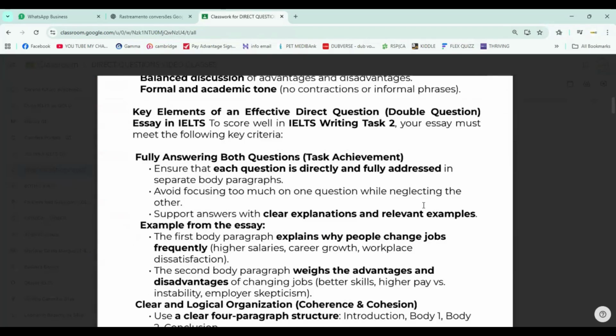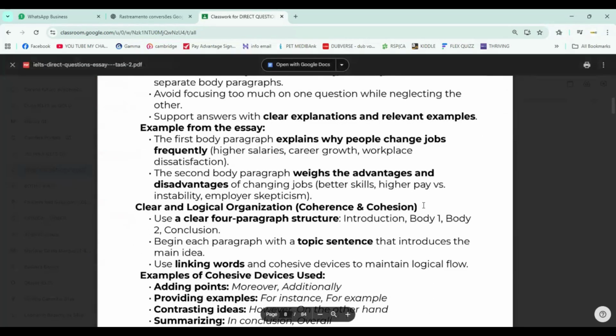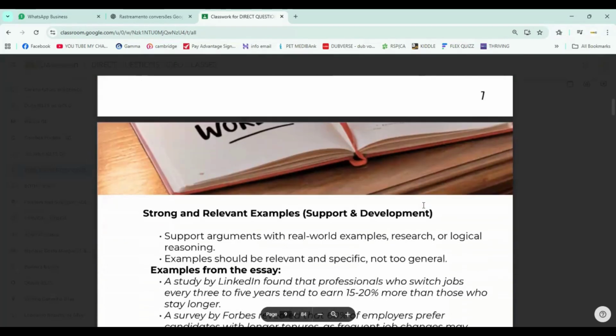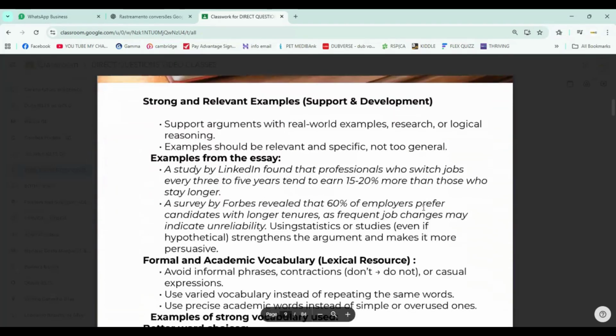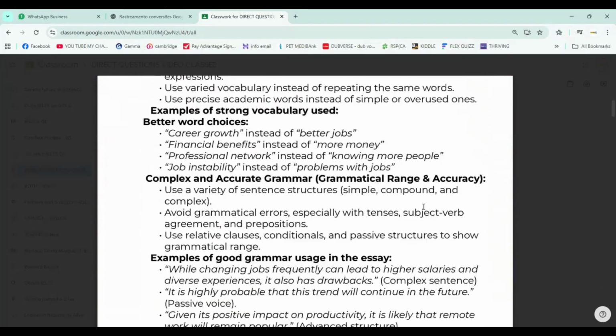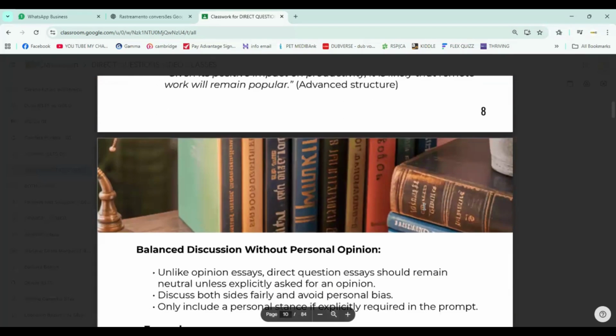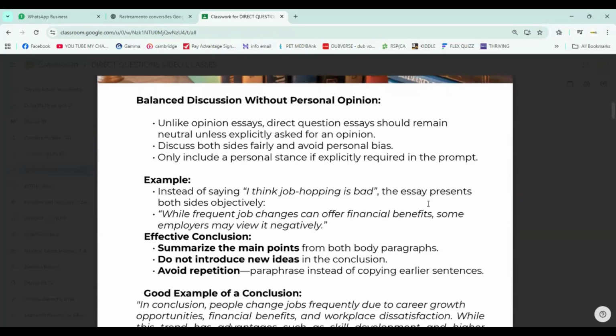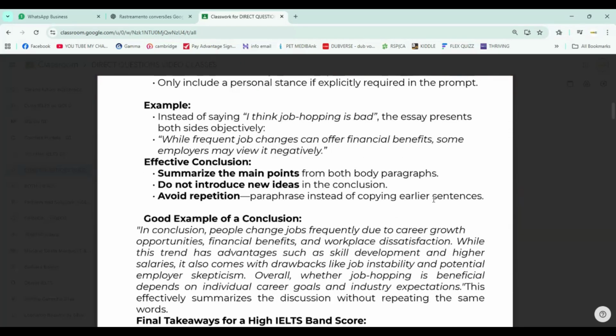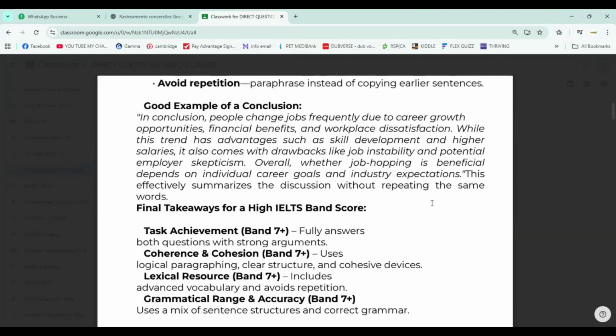With a clear and concise introduction, 2 well-separated and distinct body paragraphs, as well as objective and unbiased conclusions. Here I explain why this essay works, highlighting topic sentences, well-chosen examples, academic tone, and balance between the answers. It's where the student starts to see the logic of the IELTS, okay?